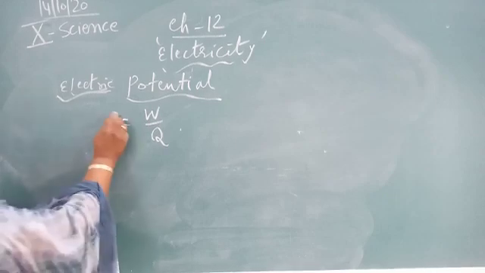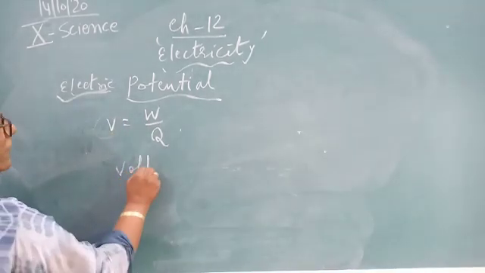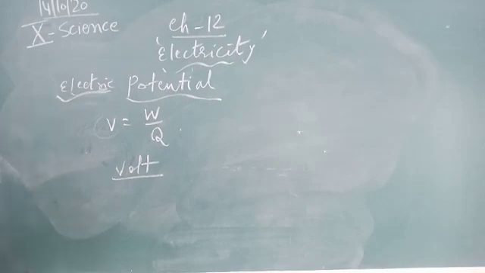Now the unit of this electric potential is the volt, in honor of the scientist Alessandro Volta, an Italian physicist. 1 volt is the potential difference between two points in a current carrying conductor when 1 joule of work is done to move a charge of 1 coulomb from one point to another.